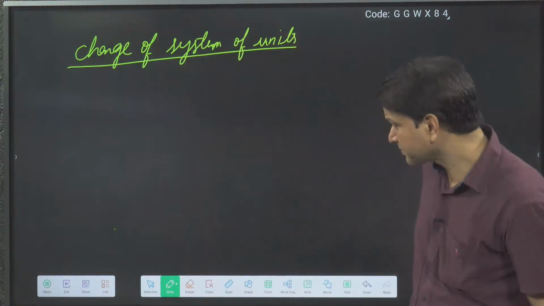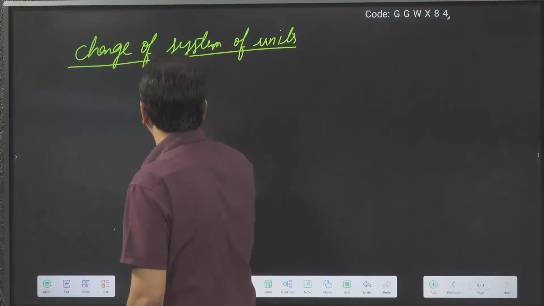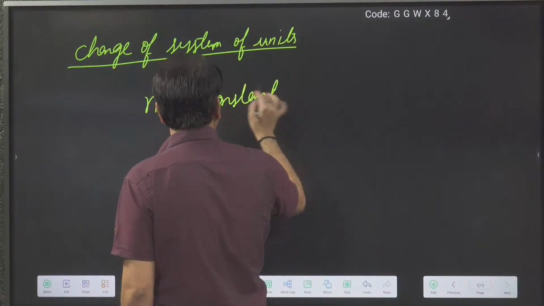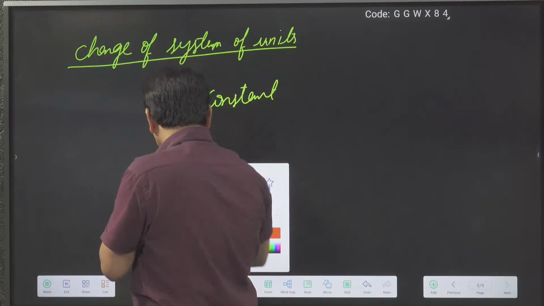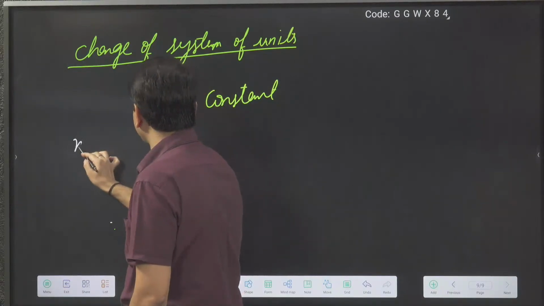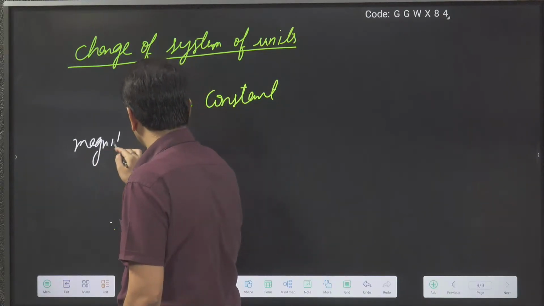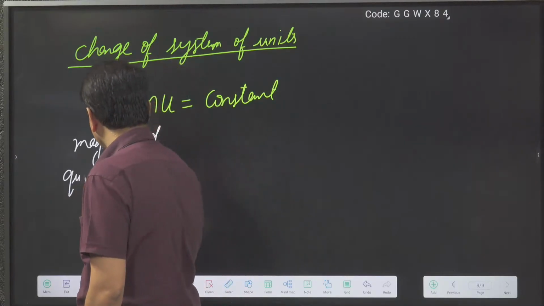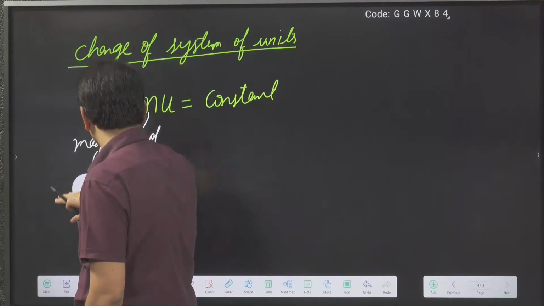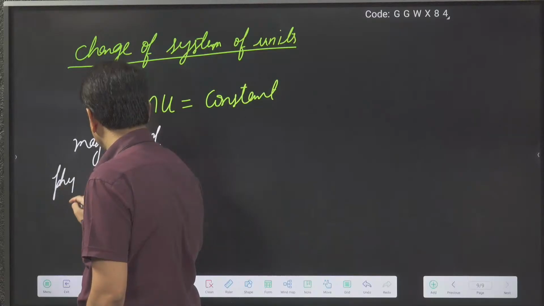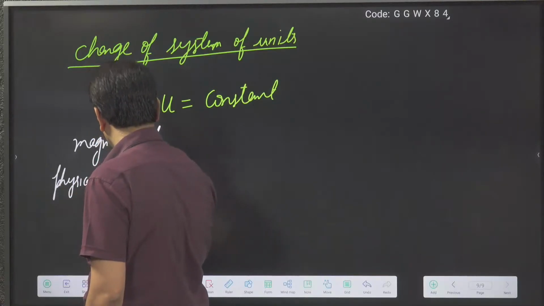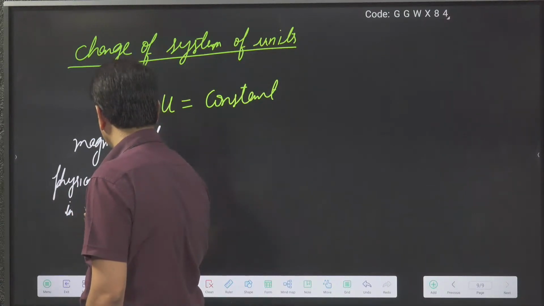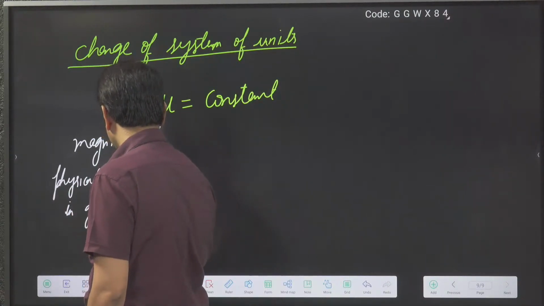So that's why we have learned this relation, nu is equal to constant. What is the n here? n is the magnitude of the quantity in a given system of unit.